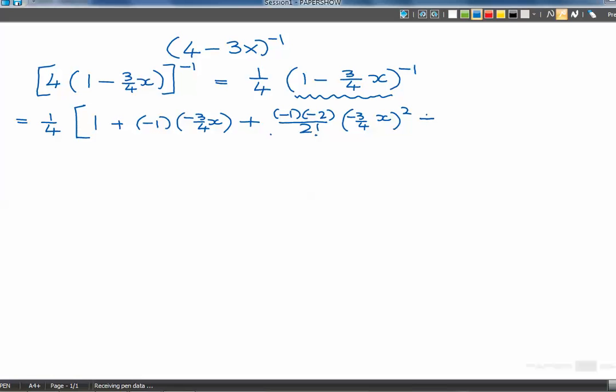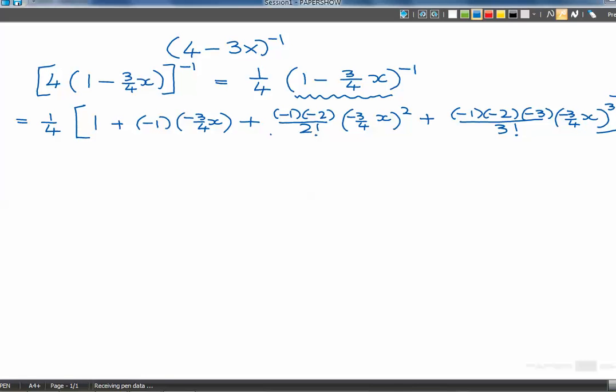And the x cubed term is n, which is minus 1, n minus 1, and then n minus 2, which gives me minus 3, and divide that by 3 factorial. And that's multiplied by minus 3 over 4 x, cubed.